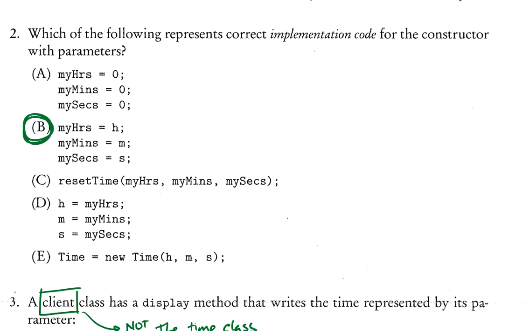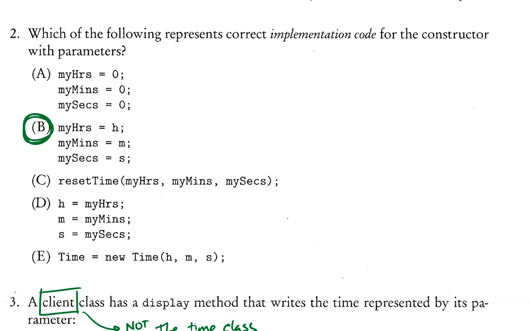So if you take a look at it, the constructor is receiving three variables. It's receiving an H, an M, and an S. And those three variables are passed to the constructor. The question really revolves around understanding which way things flow, right?